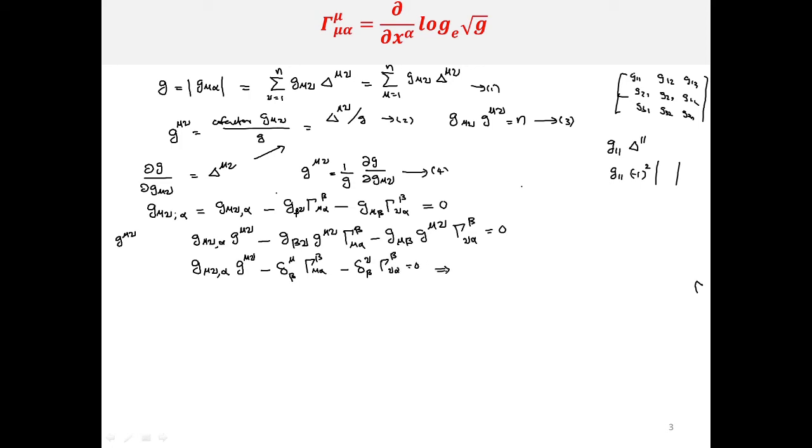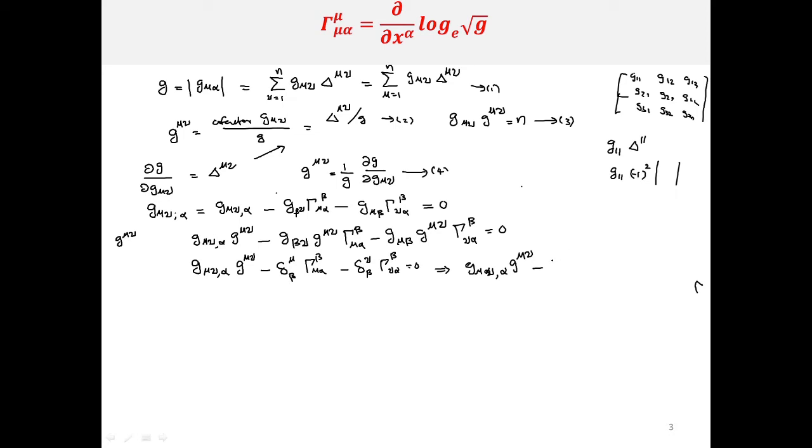So it can be written as g^{μν}, g_{μν,α} g^{μν} minus... you have to use the Kronecker delta δ^μ_β, which equals 1 when μ equals β, so you have to replace β with μ.